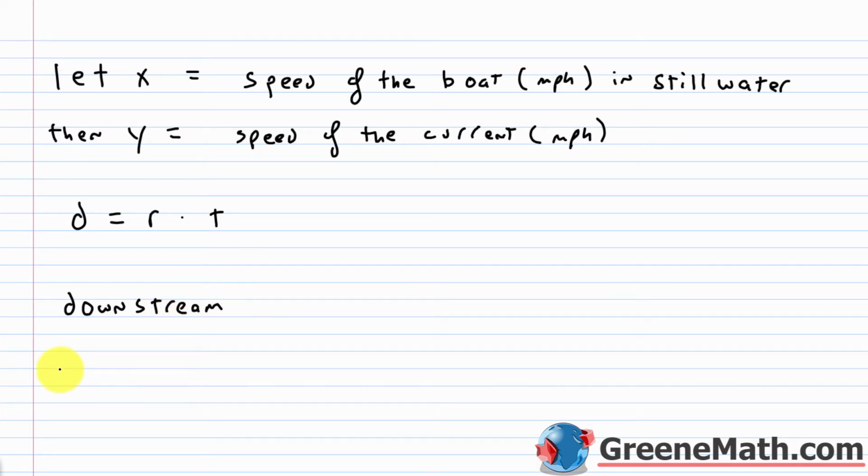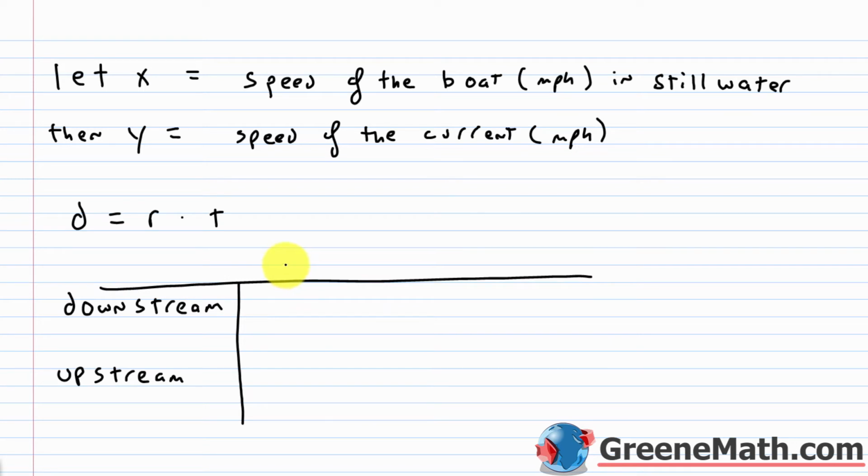The second one would be upstream. So you have your distance, and that's equal to the rate times the time. So let's see if we can fill in this information.